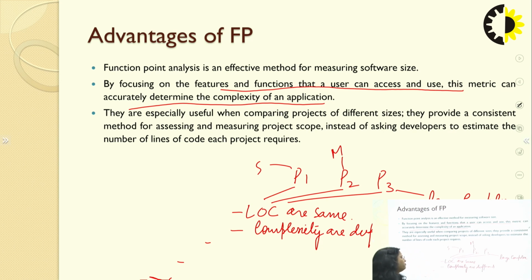But function point analysis works on the basis of the features or functions provided by the projects. So this is the simplest type of project, this is a medium-size project, and this is the large complex project. The function points give the size of this project high in comparison to the others.